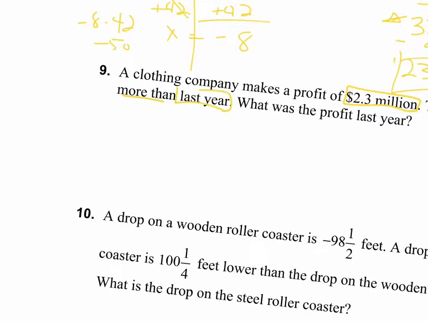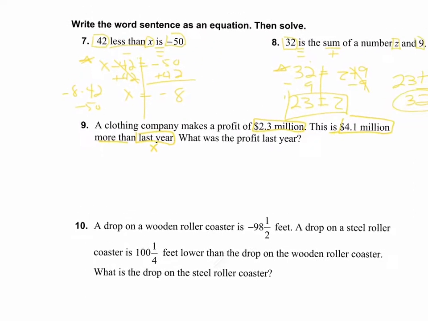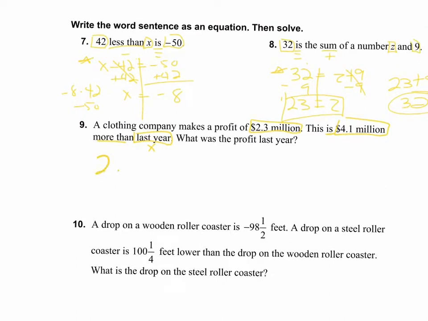Do we know how much last year is? No, so that's going to be my variable here, okay? So 2.3 million is equal sign, right? 4.1 million more than. More than means to add, and last year means X, we don't know, okay? We draw our line, subtract 4.1, subtract 4.1. Opposite signs we subtract, so 4.1 minus 2.3.